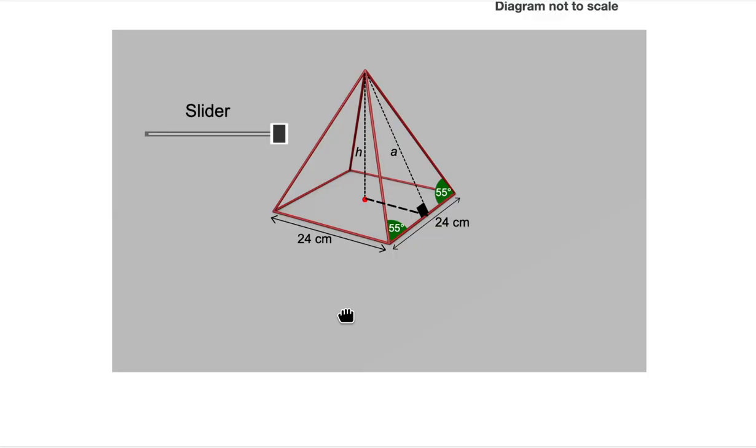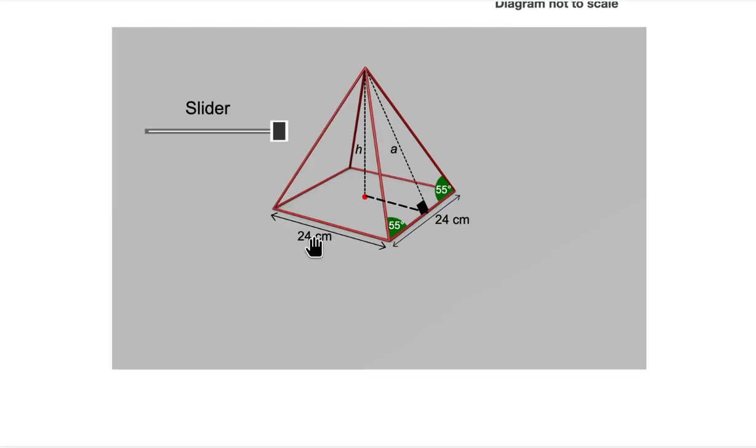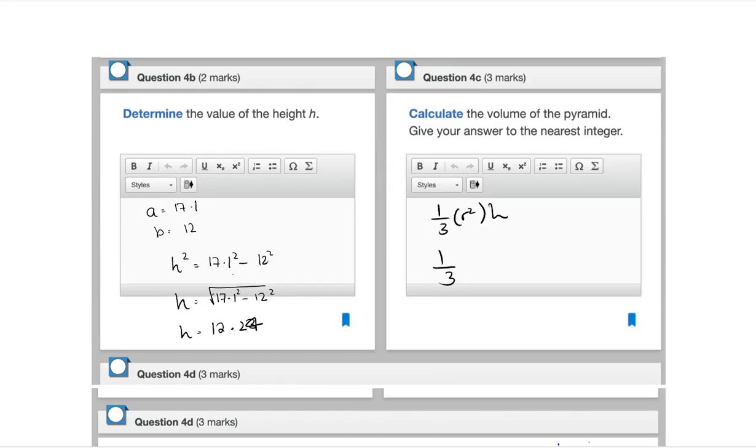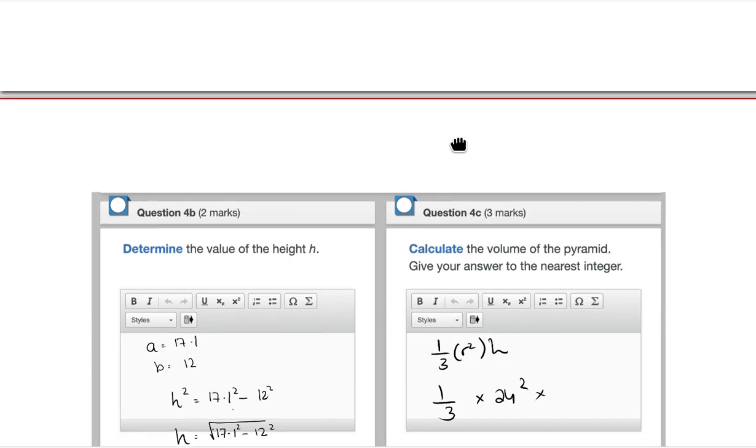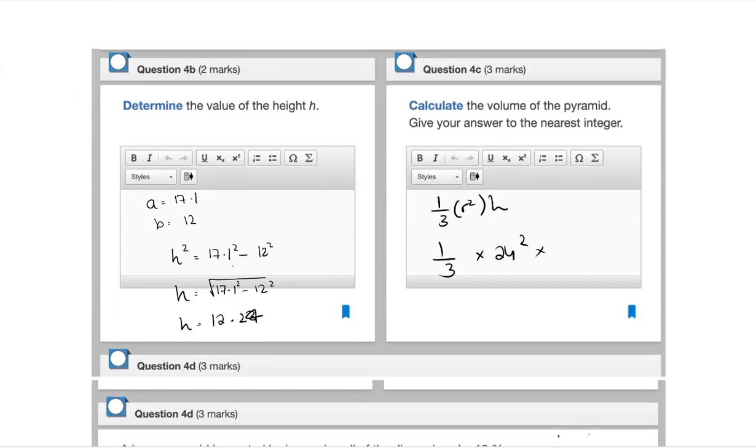In our case we don't have a radius, but it's going to be considered as 24. So 24 squared multiplied by the height. The height is what we just calculated, 12.24. So solve it and tell me what answer you get.